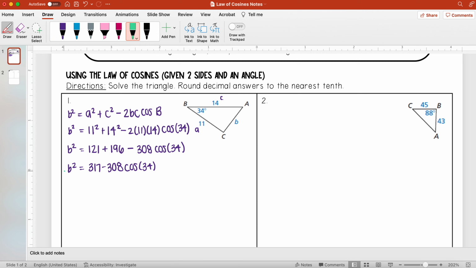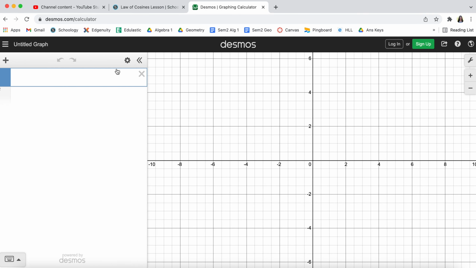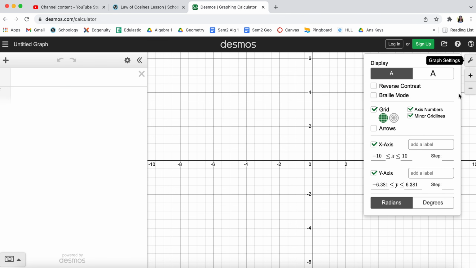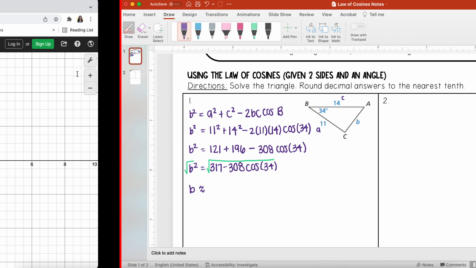So I'm going to go ahead and take the square root of both sides. Remember, I take the square root of b squared in order to get this to be just b. To do this, I'm going to head over to Desmos to type that in. Since we're doing trig, I need to make sure I am in degrees, so I'm going to hit the wrench and hit degrees. Then I'm going to plug this in.